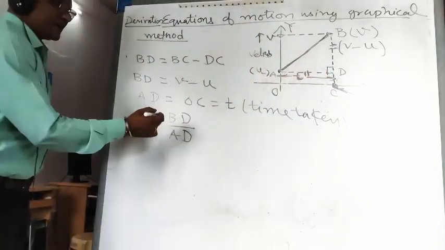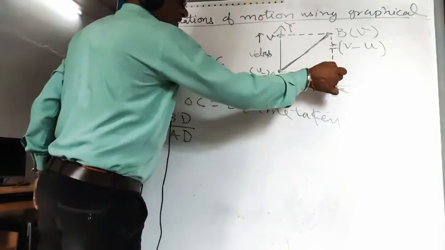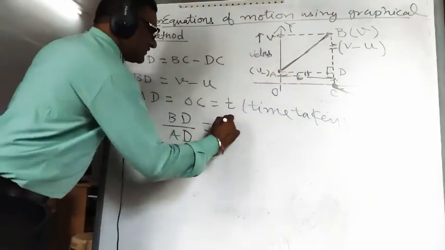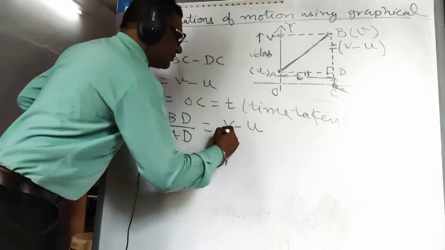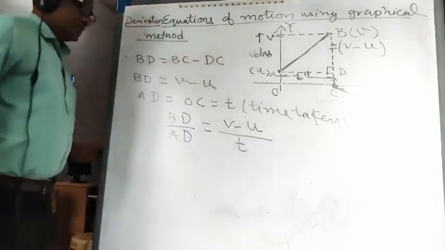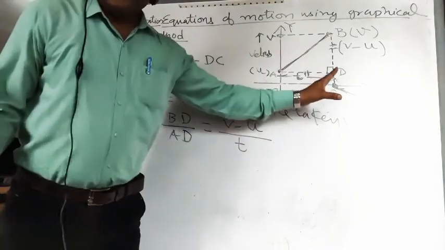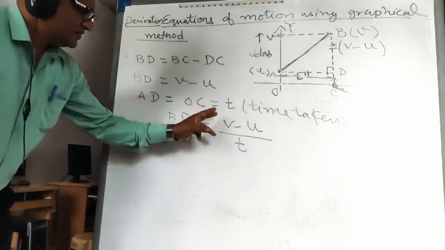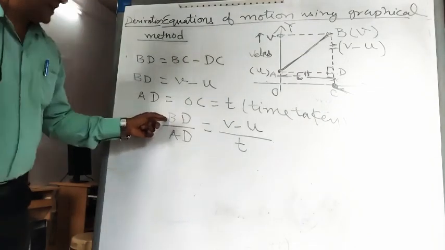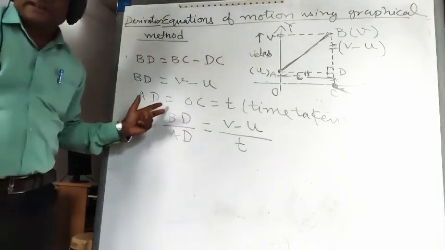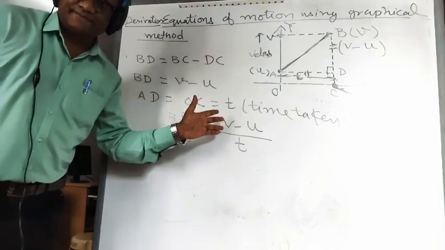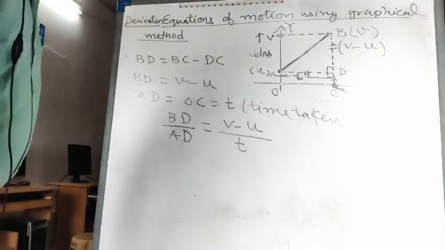Now let us find out the ratio of the perpendicular to the base. It is definitely v minus u upon t. I am putting the values using these equations. Now, what do you get?